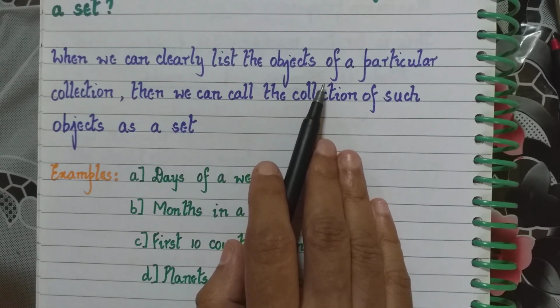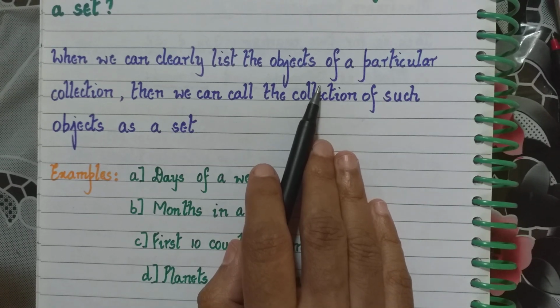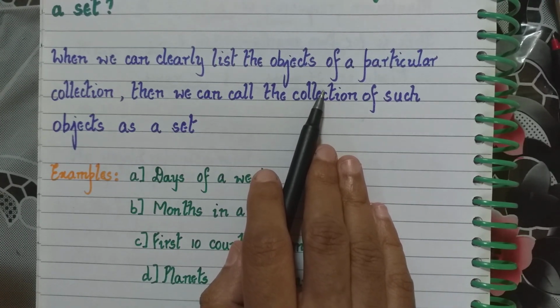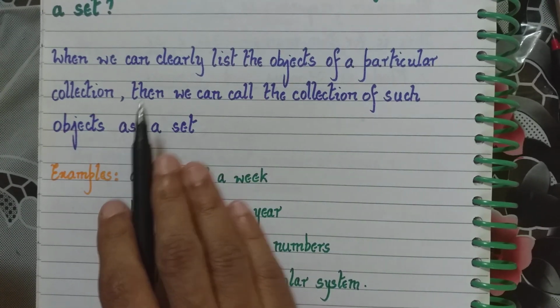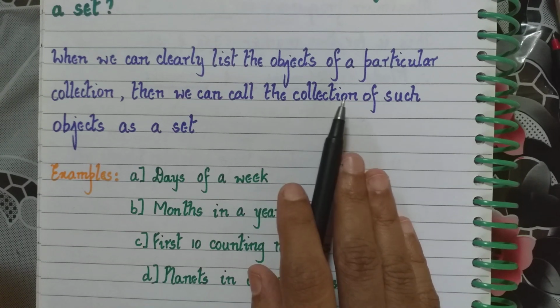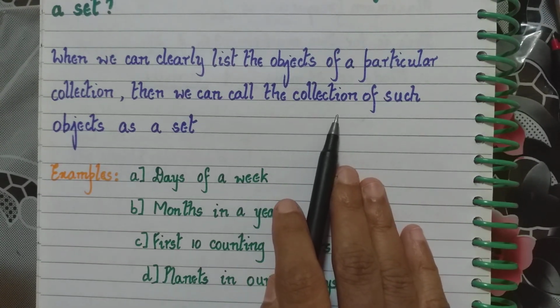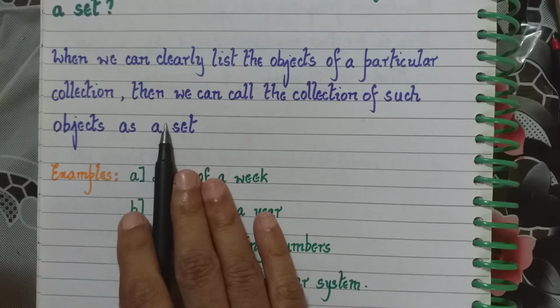You have a pencil, an eraser, a ruler, a pen, maybe a sharpener. So we can list the objects present there. Therefore, we can call that collection, the set of items in your stationery box, a set, because we can list all of them.